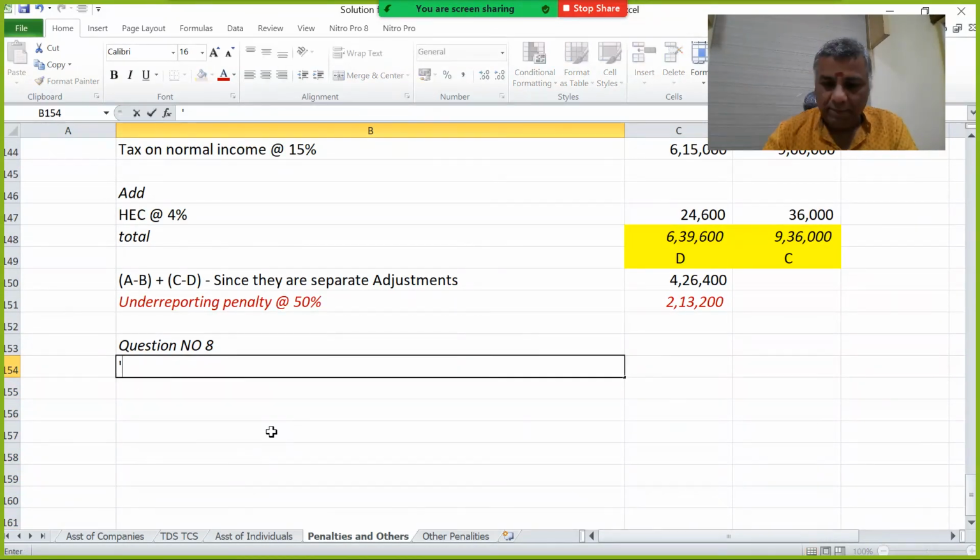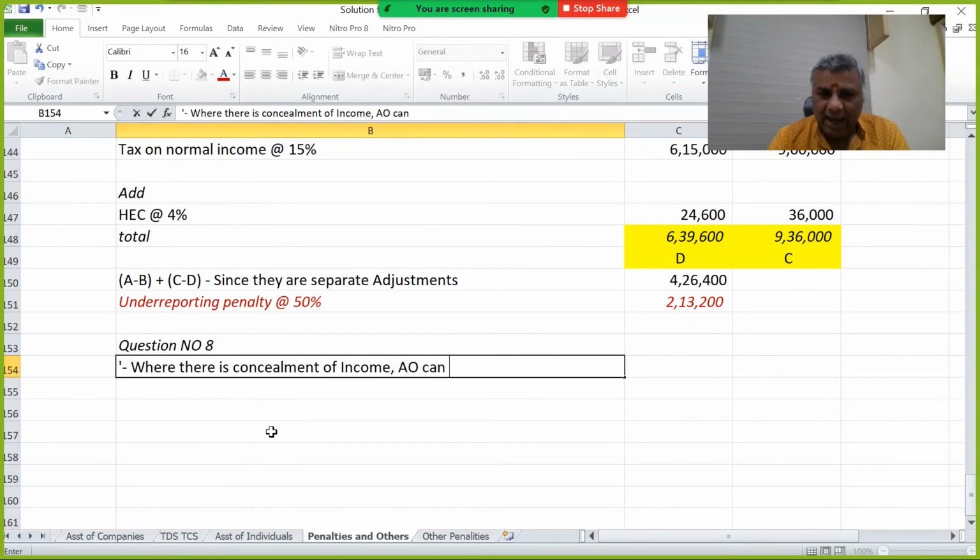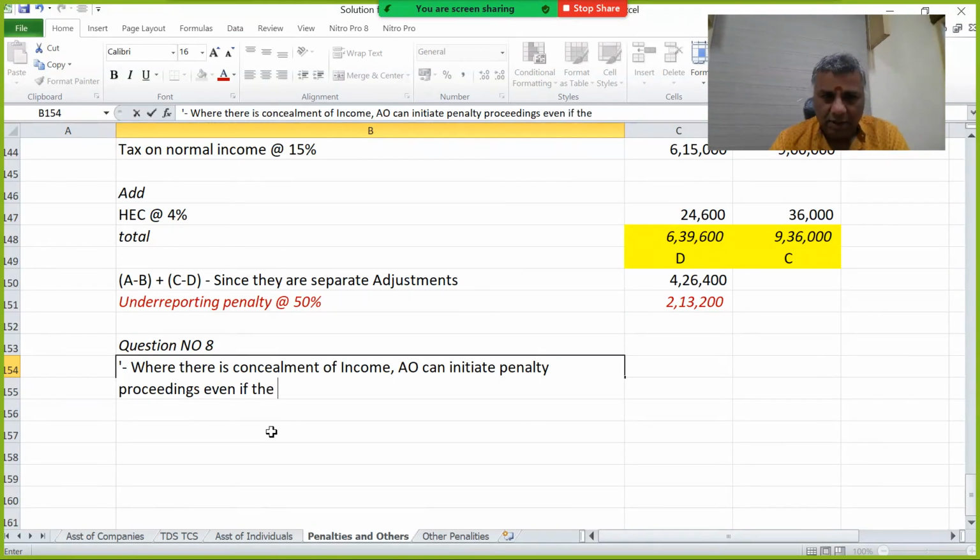Where there is concealment of income, the AO can initiate penalty proceedings even if the matter is debatable.